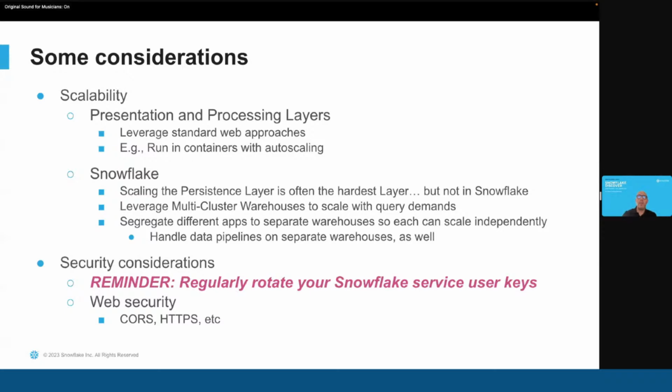We have scale up, where you can programmatically scale up the amount of resources for a single warehouse, and it can vary from extra small, small, medium, large, extra large, and up.